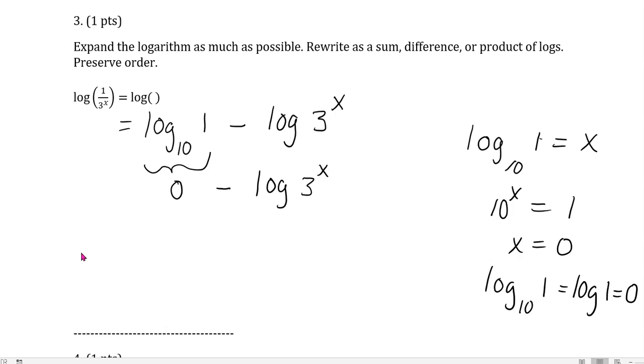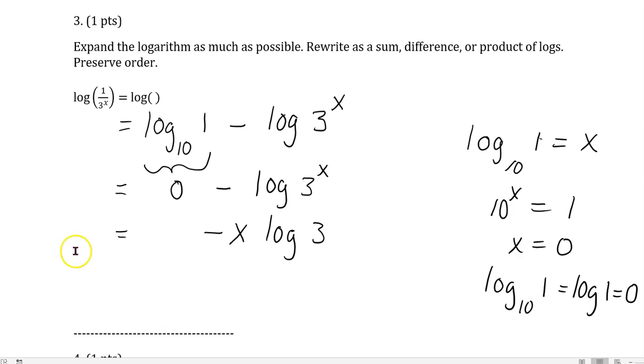In other words, the log is one power and the x on the 3 is another power. This means that we can now rewrite this one by eliminating the 0 and writing negative x log of 3. This means log base 10 of 3 multiplied by negative x. This is as expanded as we possibly can.